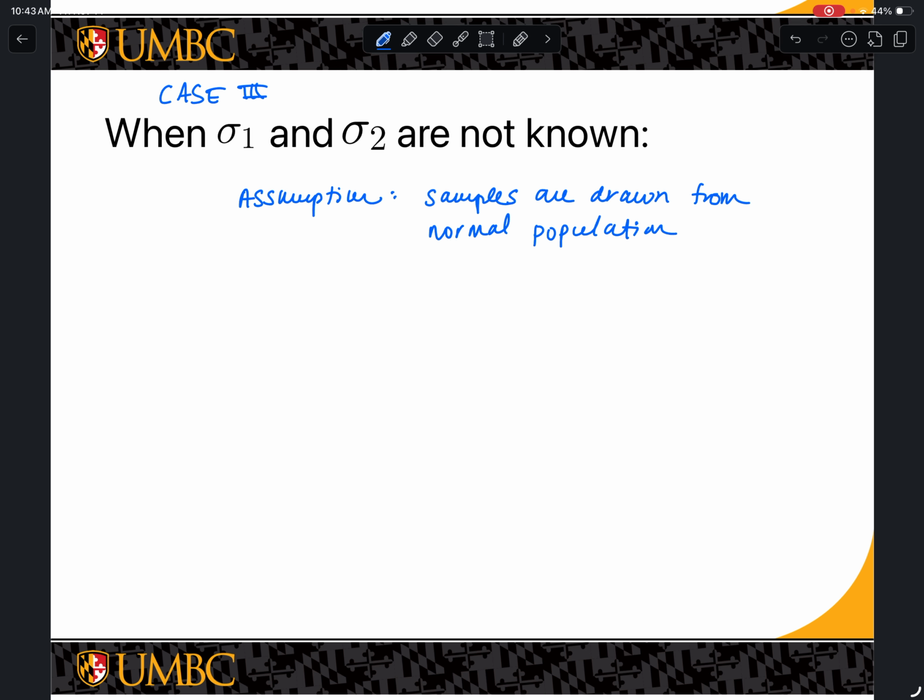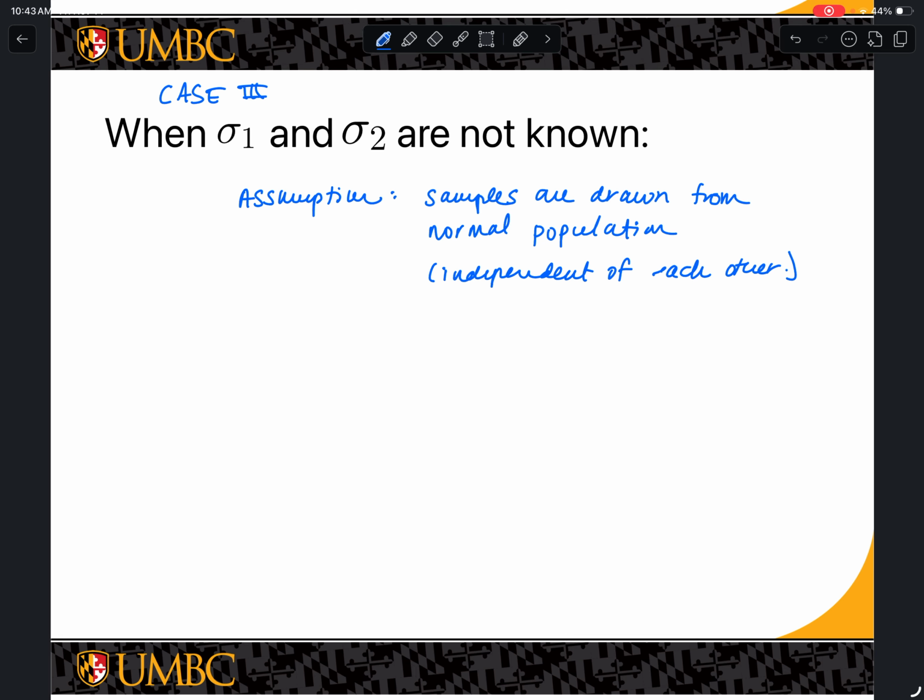Here we have two samples that are drawn from normal populations. The other thing is that the two samples must be independent of each other. Again, that's really important. We have to have samples that are independent of each other.